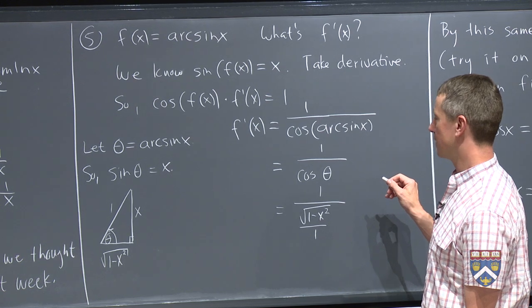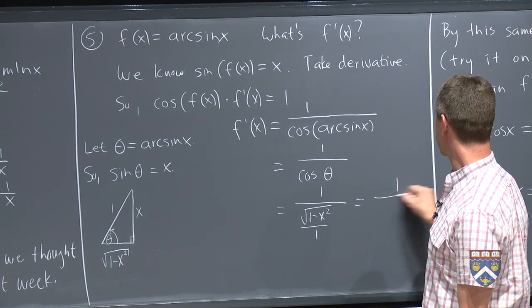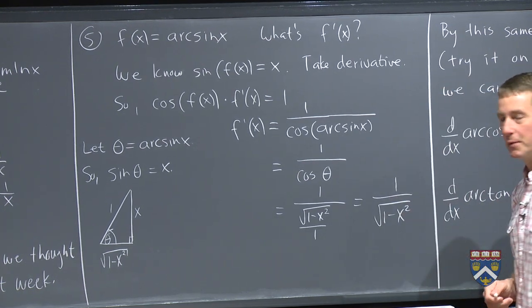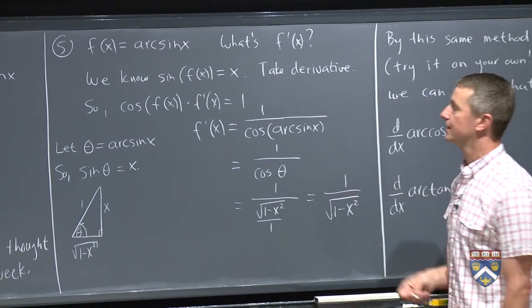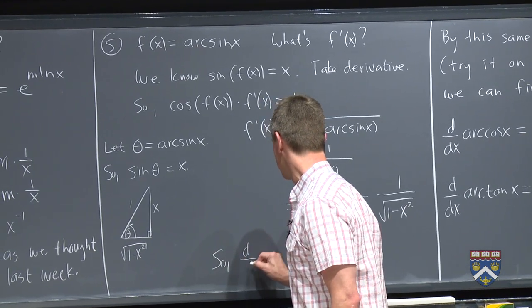Cosine of arc sine of x. So then we just get that is 1 over the square root of 1 minus x squared. So now we've rewritten the derivative without using any trig or inverse trig functions. So we can add that to our list.